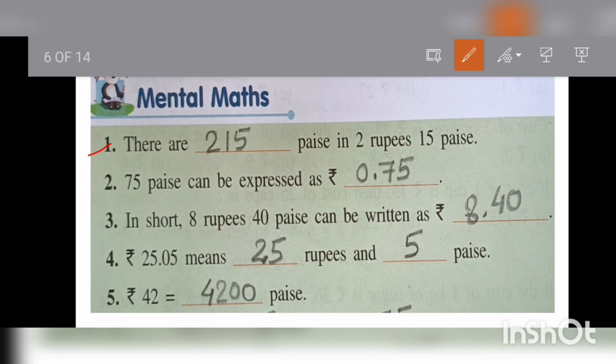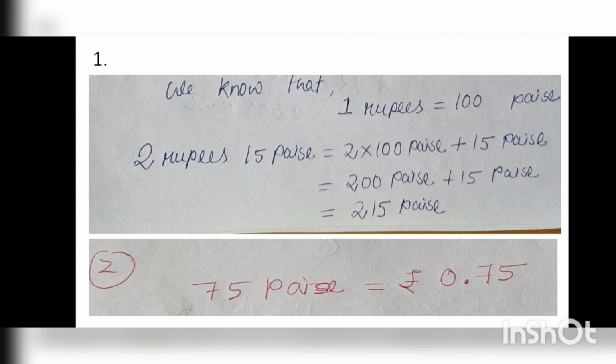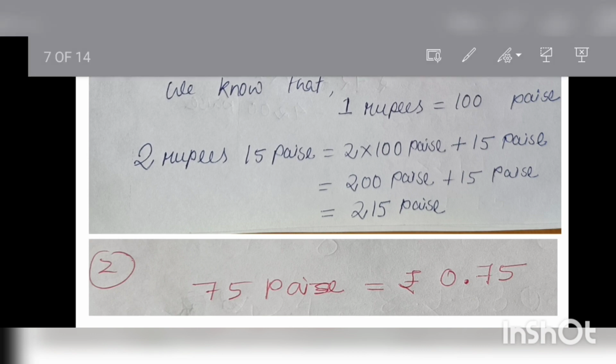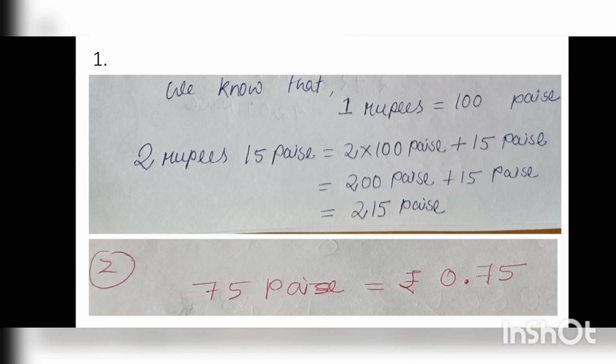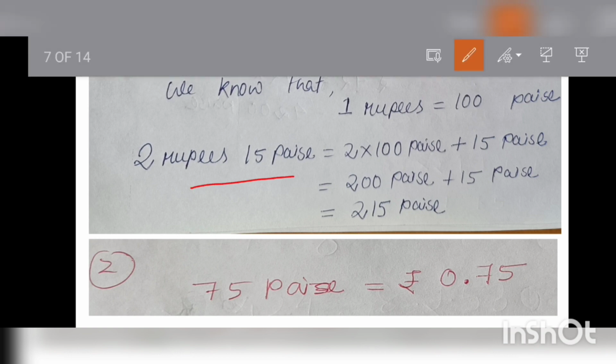There are dash paise in 2 rupees 15 paise. Okay, in 2 rupees 15 paise, how many paise are present? You have to calculate. Okay, see the solution of this question number 1. We know that 1 rupee is equal to 100 paise. Okay, so 2 rupees 15 paise is equal to 2 into 100 paise plus 15 paise.